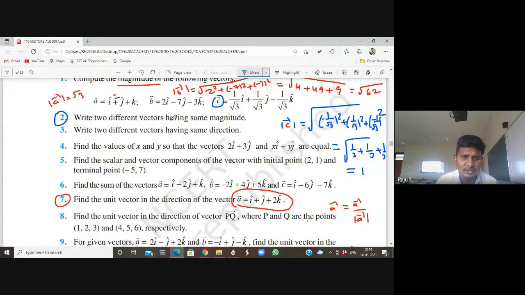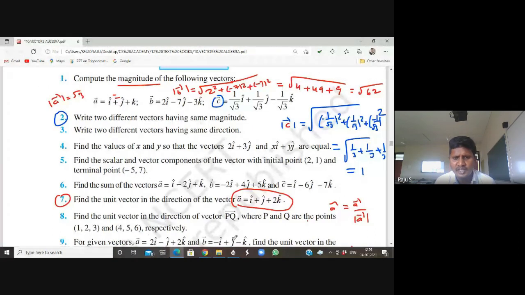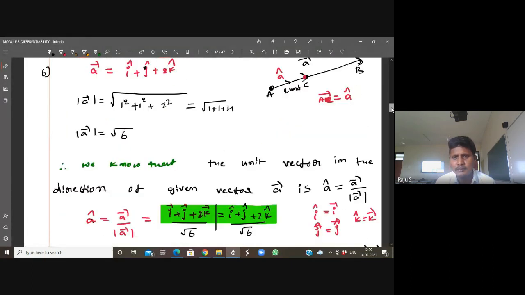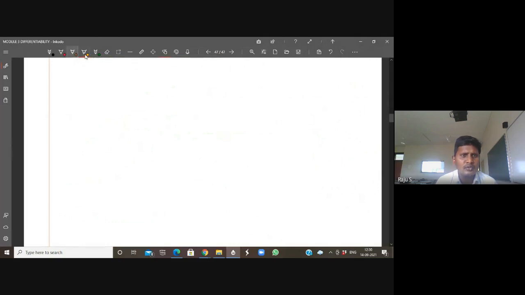Now, the second question: write two different vectors having the same magnitude. We can give any number of examples. I'm going to take two different vectors here. The first vector A, I'm taking as i plus 2j plus 3k.